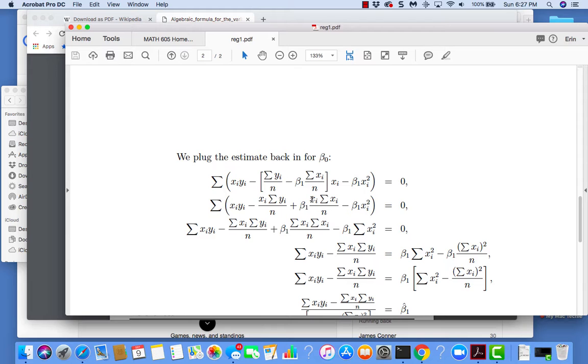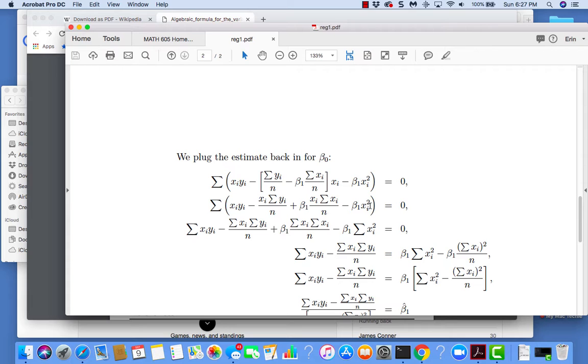So then what I'm going to do is take the term in the brackets and multiply that by the x i. So I have the x i y i stays the same. I have minus x i times summation of y i over n. Now I've got minus a minus, so that goes to plus. So I have plus beta 1 x i times summation of x i over n minus beta 1 x i squared.